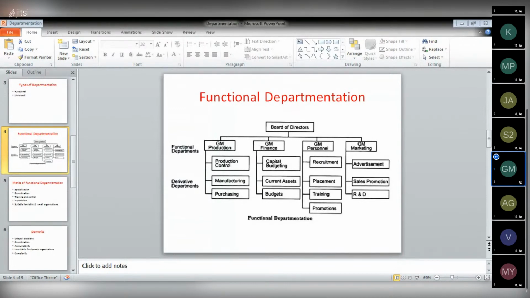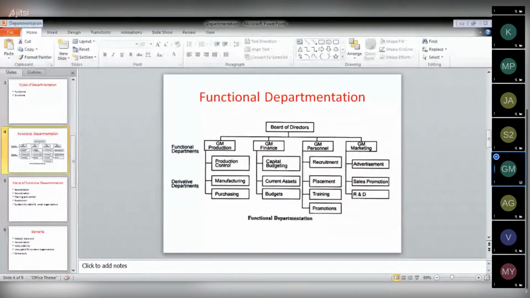And functional departments are suitable for stable organizations, right? Especially stable in the sense their business is stable, and if their business is small, they can at least have one or two functional departments, right? So those are the merits of the functional departmentation.